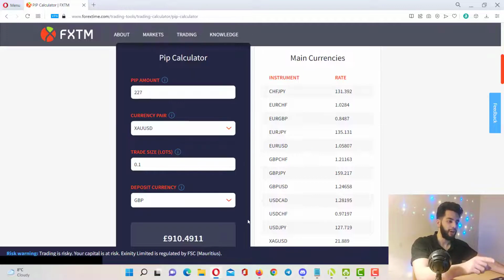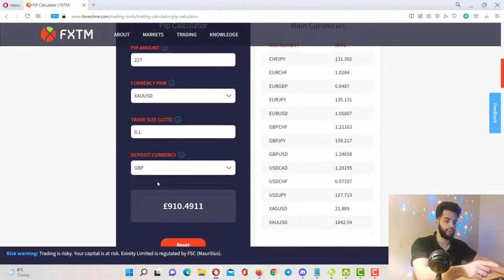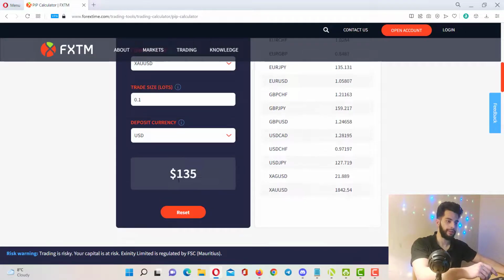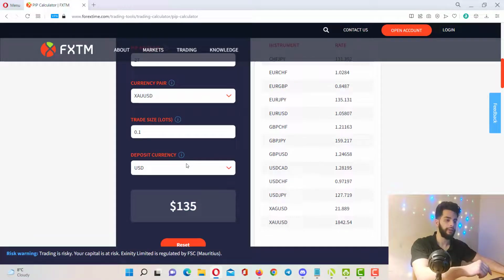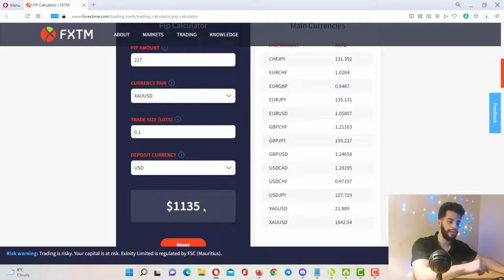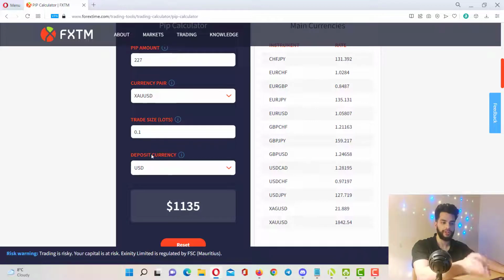Look at this. I showed you how to calculate this, but the amount that this website is showing us is way higher for 227 pips. But if it was 27 pips, then it was $135. Now it's 227, so $1,135 for 0.1 for gold, and the deposit currency is USD.